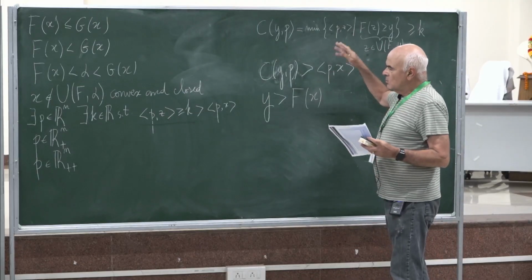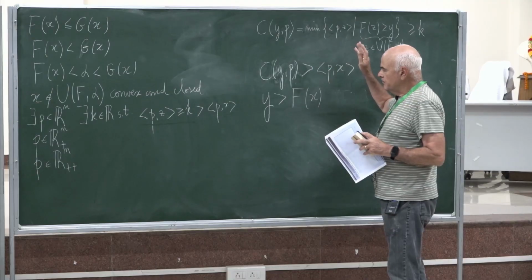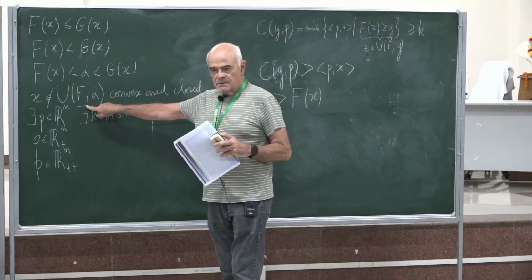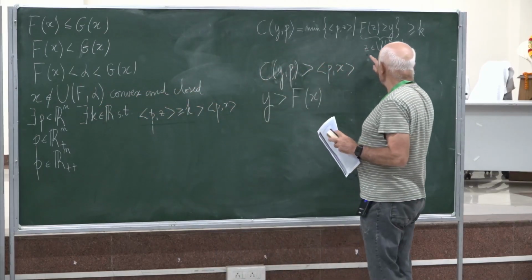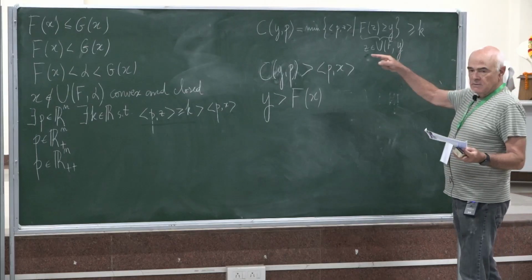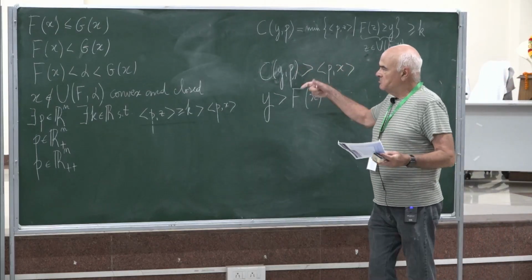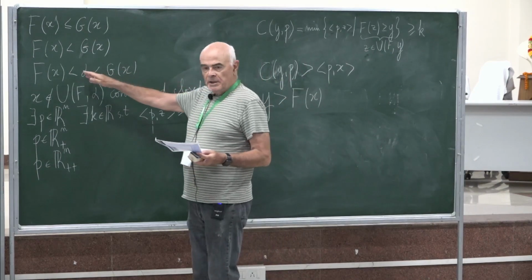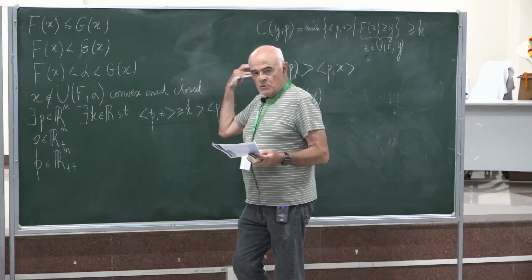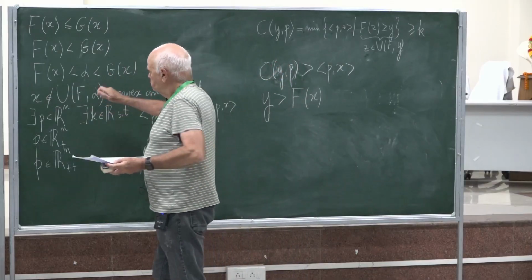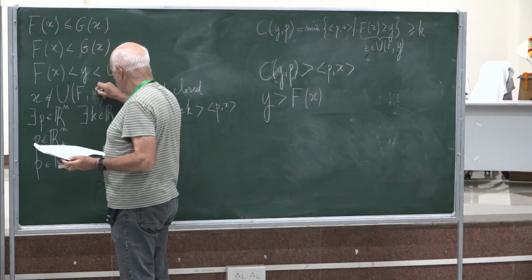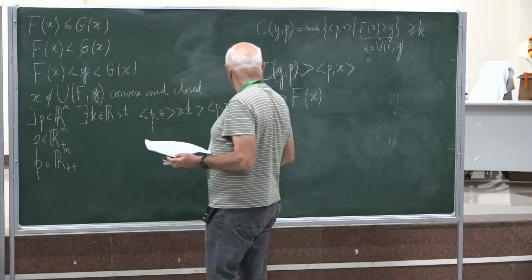There is a confusion with the notation, because I am considering the alpha level set, and here I am saying the y level set. It should be the same everywhere. So I can put y here and there, or alpha in both places. I choose to write y here. Okay?